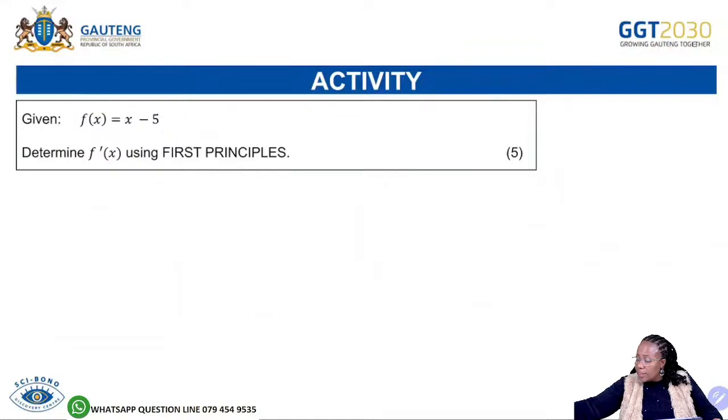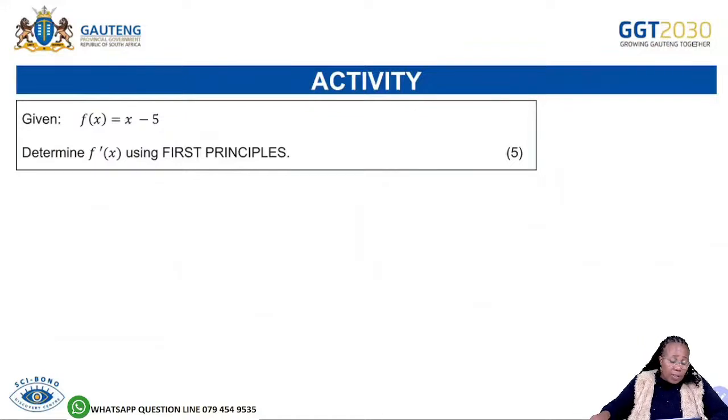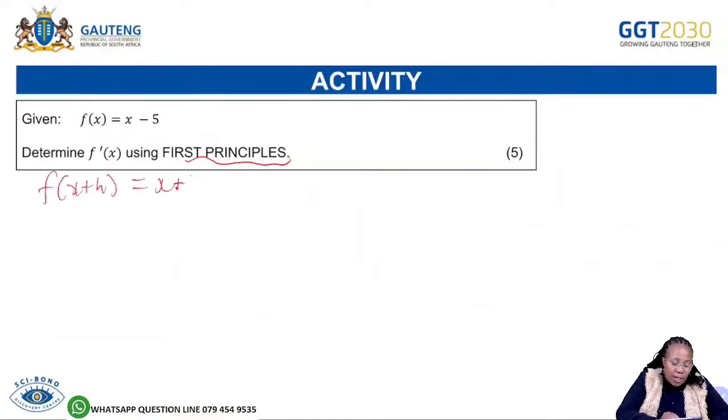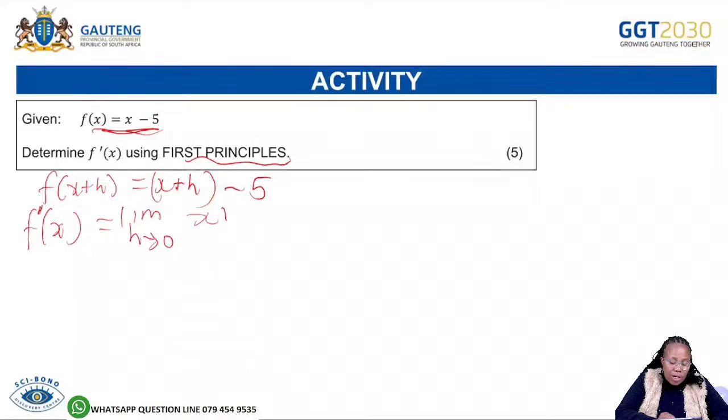And then the last activity on the differential calculus, we are using first principle for this one. It will be f at x plus h first, which is x plus h. Remember, we are substituting there with the -5 into the formula. Derivative of f at x is the limit of h approaching 0 of f at x plus h, that is x plus h minus 5, minus f at x, important bracket there, and then all over h.